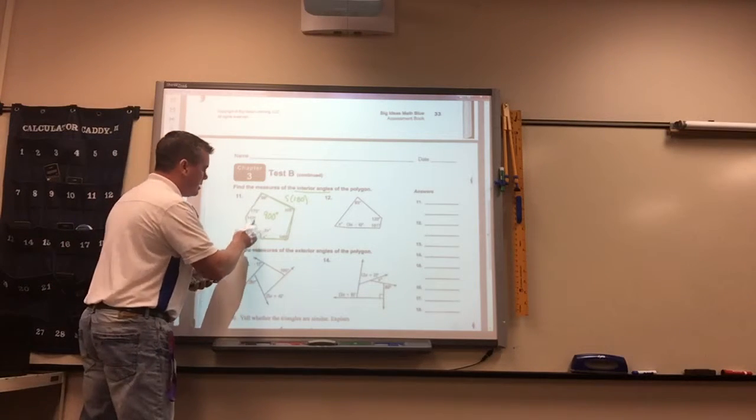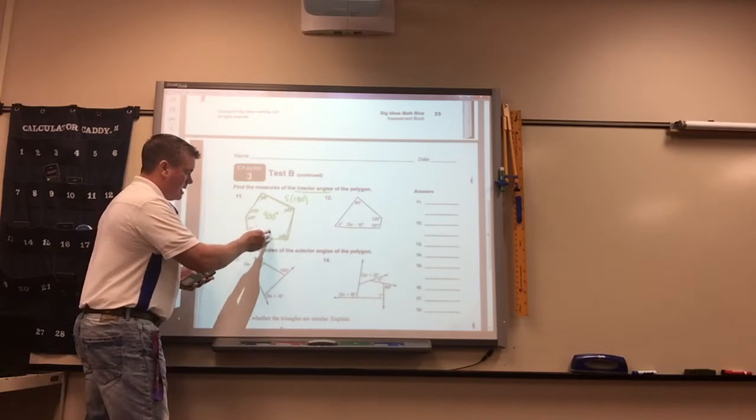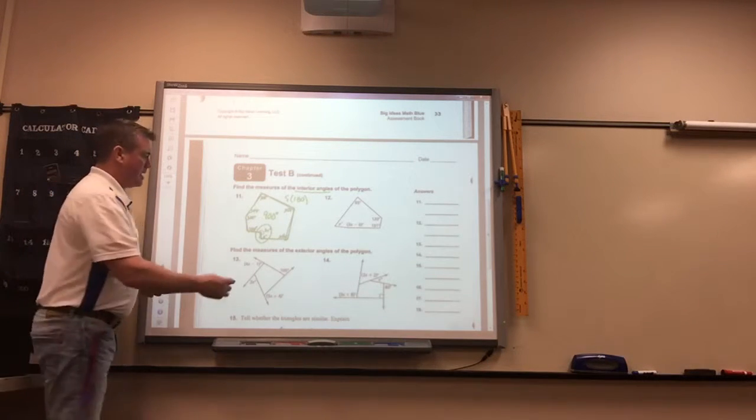When I subtract these angles off that we know, I'm left with 174. So that means these two have to make 174.